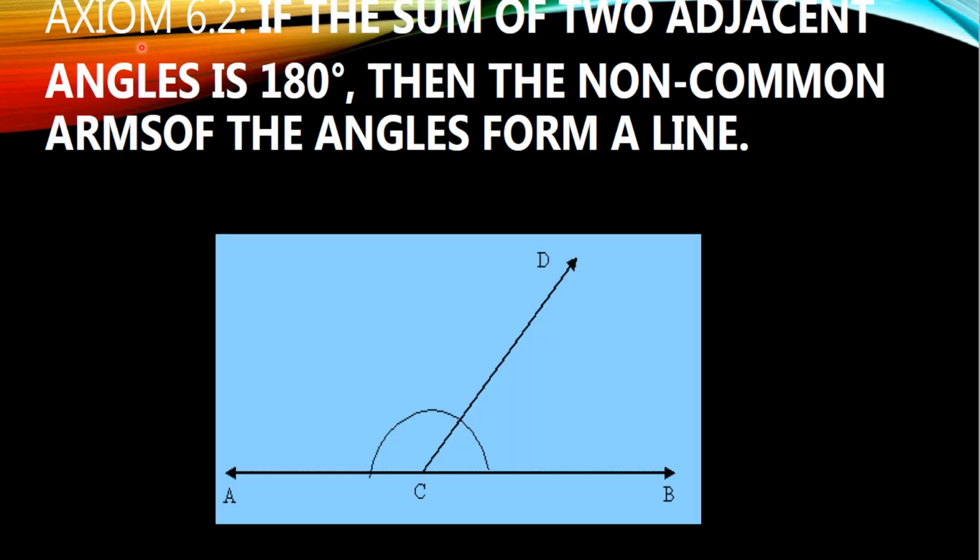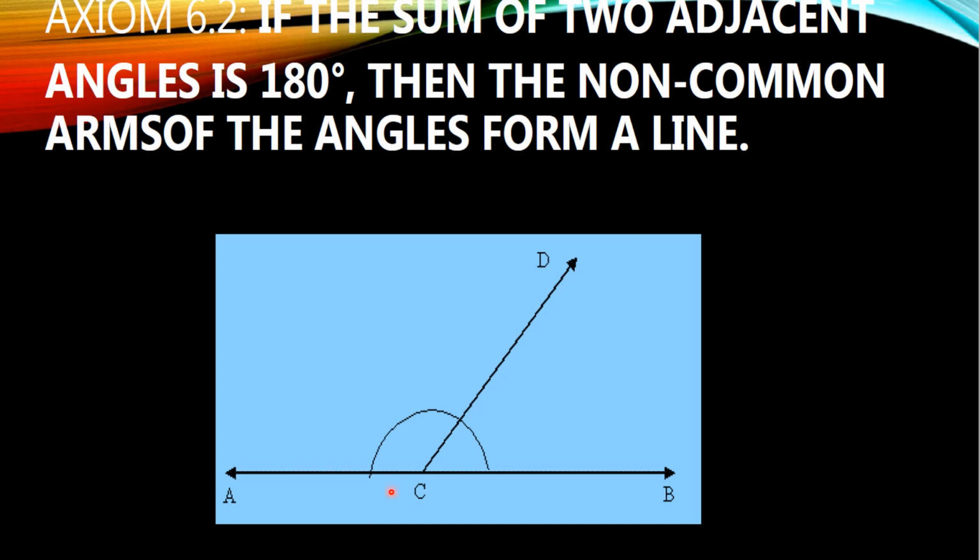Now come to axiom 6.2. This is the converse of axiom 6.1. See this axiom 6.2, my dear children. If the sum of two adjacent angles is 180 degrees, then the non-common arms of the angles form a line.